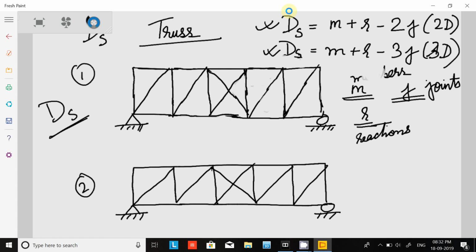Now for 2D, m plus r minus 2j. What is m? m is the number of members, r is the number of reactions, and j is the number of joints.